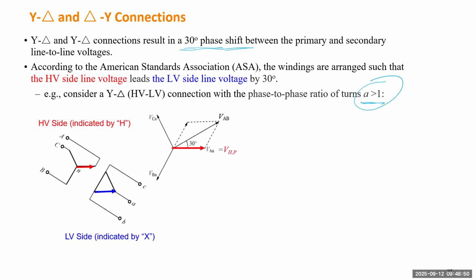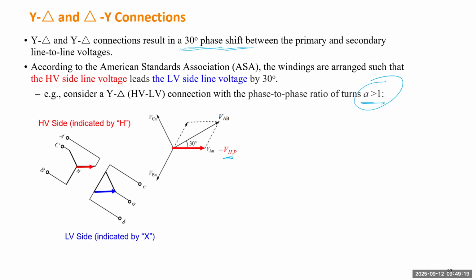Okay. So now we draw the phasor diagram. To draw the phasor diagram for the high voltage side, we have VAN, VBN, and VCN. So ABC here are all capitalized because they mean the high voltage side. And so each VAN will be equal to the high voltage side phase voltage.